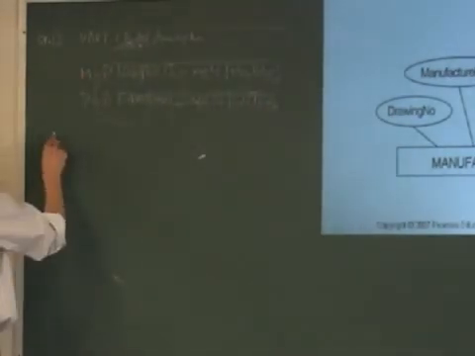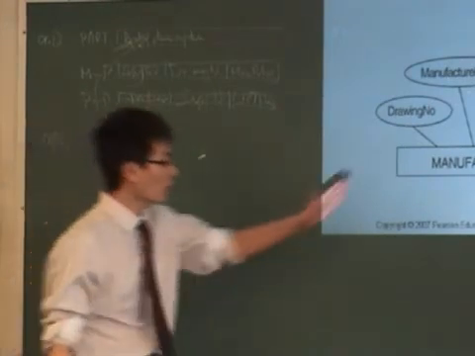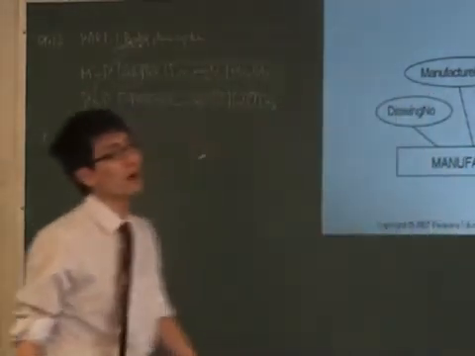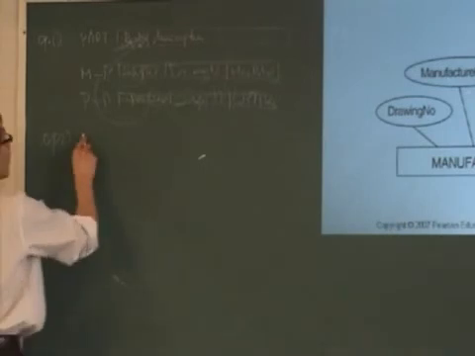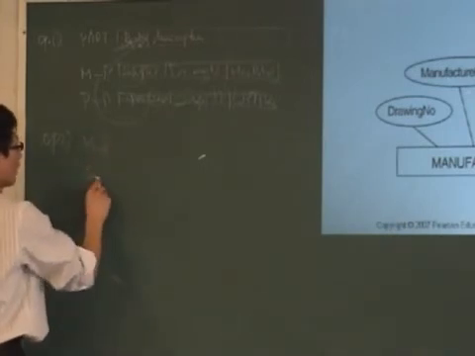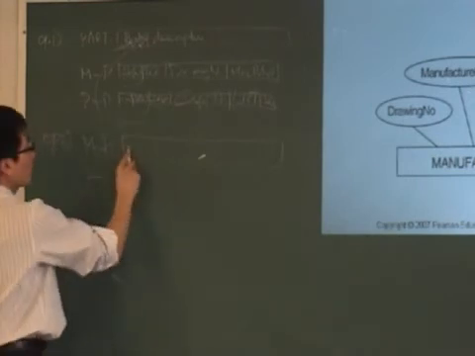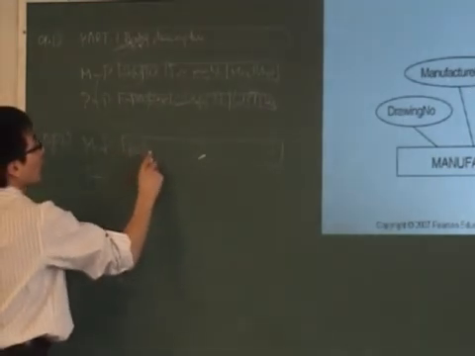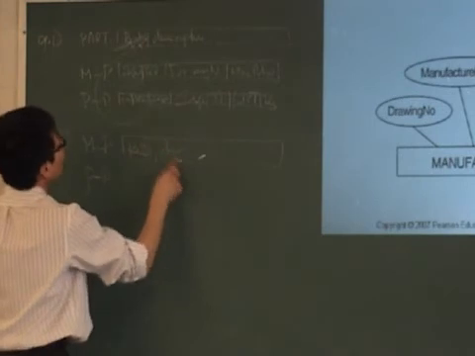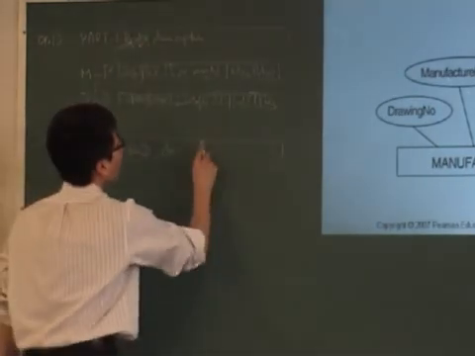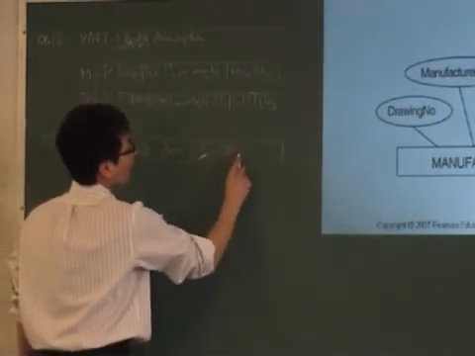The second option is we only consider manufactured part and purchased part. Manufactured part has part number and description from the superclass, and drawing number and manufactured date.